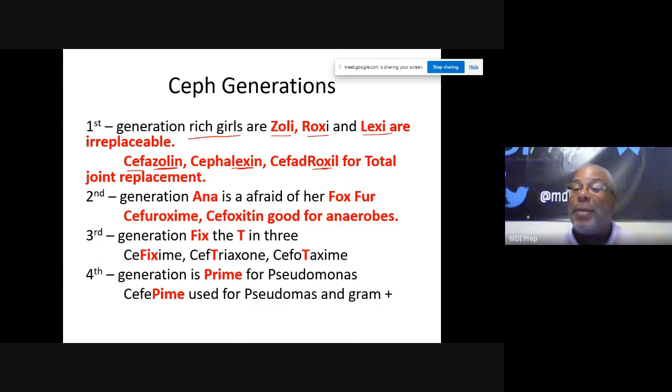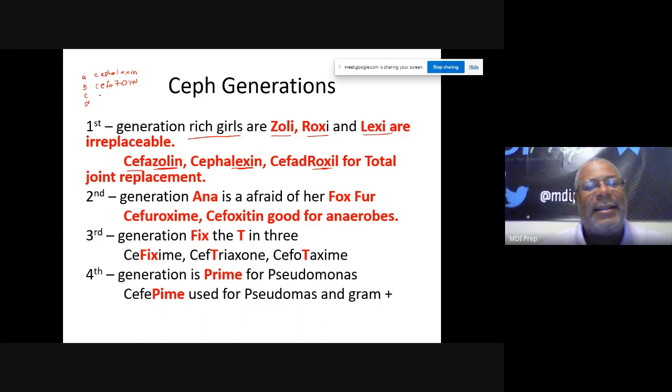That's something to remember. Now, this is so cool. Watch this. I'm going to teach you something major. Say you have answer choices A, B, C, and D. Answer A has cephalexin. Answer B has cefazolin.